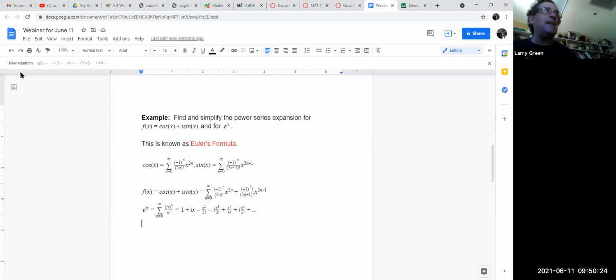So this is equal to, let's do the real part. That's going to be 1. That's real. ix is not real, so don't write that in. And then minus x squared over 2 factorial.